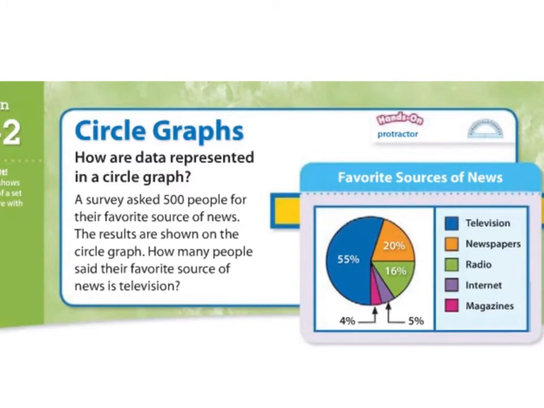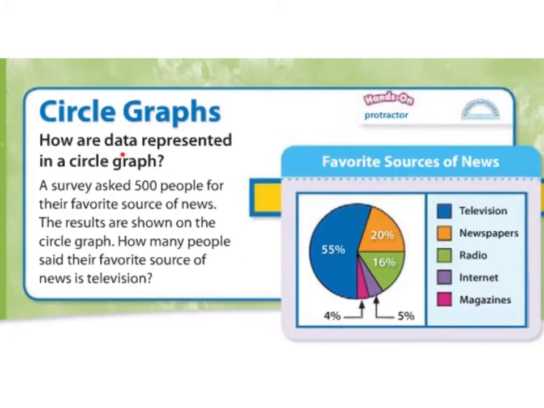So here's our example for circle graphs. How are data represented in a circle graph? A survey asked 500 people for their favorite source of news. Here's our favorite source of news, and they broke it down. The results are shown there. How many people said their favorite source of news is television? It's interesting that it doesn't say out of 500 people, so I'm glad that I read the word problem beforehand.